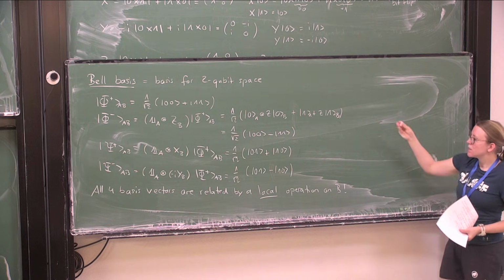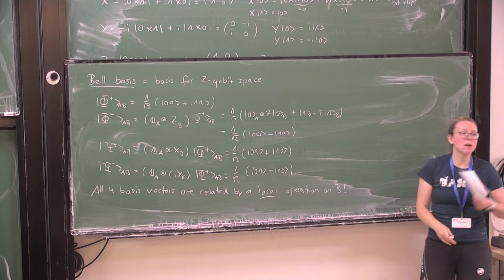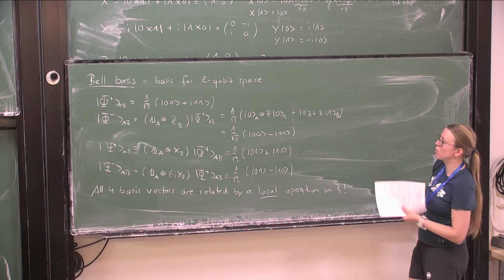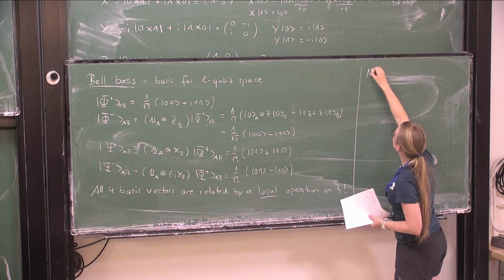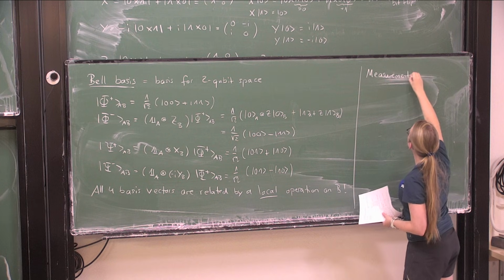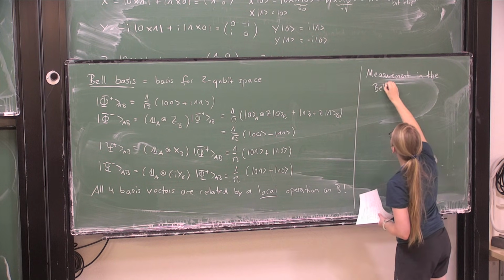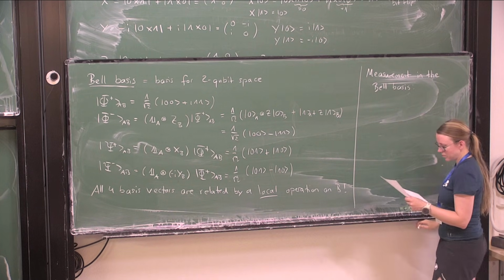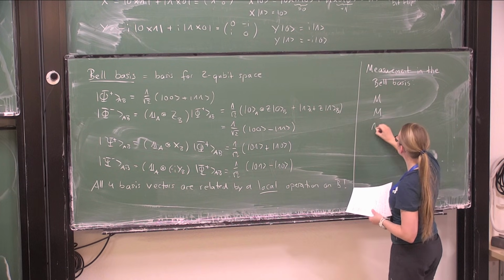Observation is that since this is a basis on the 2-qubit space, it means I can also use it to construct a measurement on the 2-qubit space simply by constructing the measurement operators from these basis states. Basis. Means I have these 4 operators.